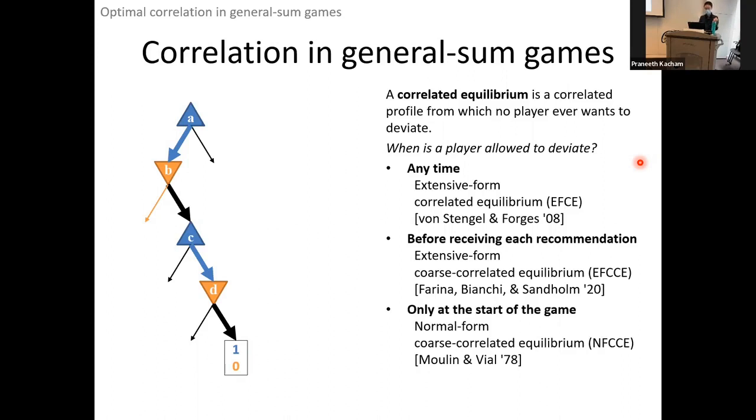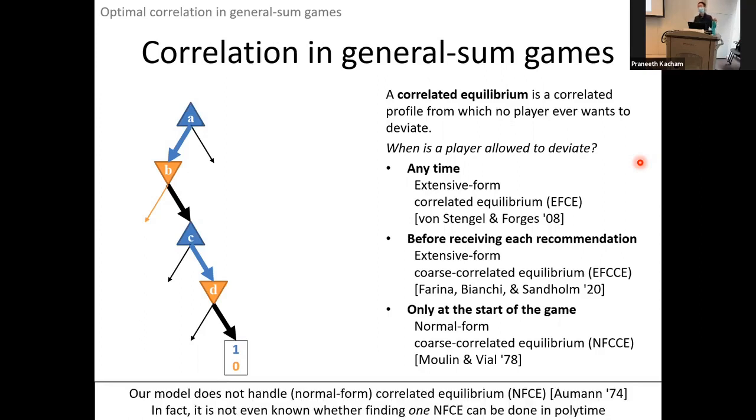And now I'm ready to address the question of where is the fourth notion? As some of you may know, there is this notion of normal form correlated equilibrium, or simply correlated equilibrium, as it is commonly known in the earlier literature. Our model doesn't handle that. The reason is that in normal form correlated equilibrium, the player is given the entire strategy up front.